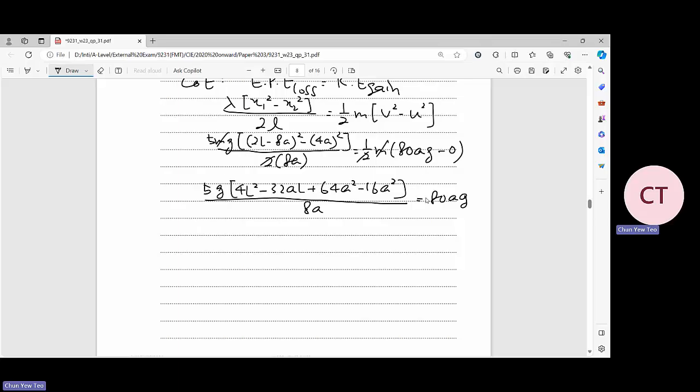You can see that the g can be cancelled off. I plan to multiply the 8a to the other side, but before that, the 5 and the 8 can be cancelled off, so you get 16. Then you have 4L squared minus 32aL plus 64a squared minus 16a squared equals 16 times 8, which is 128a squared.